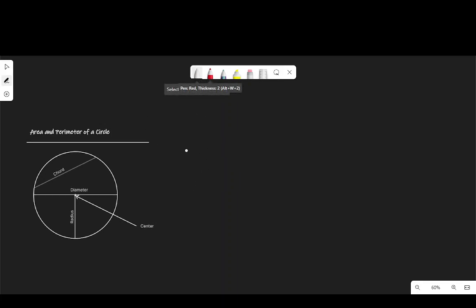The formula says that area of a circle is equal to pi r squared, where pi is a mathematical constant which we can get by dividing the circumference or the perimeter of a circle by the length of the diameter. What do I mean? Let me draw two different circles.